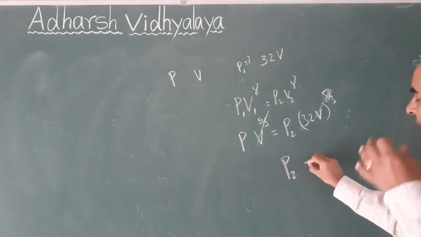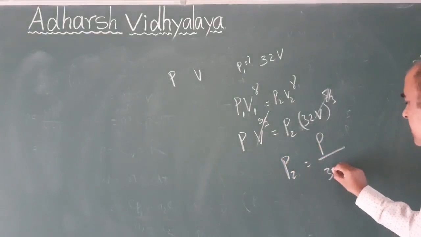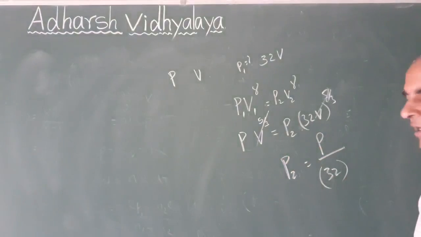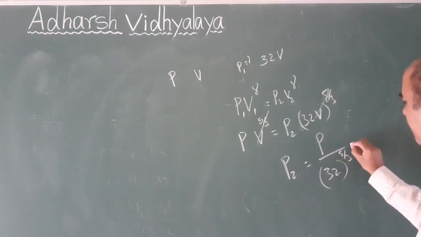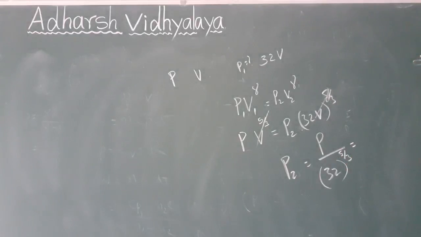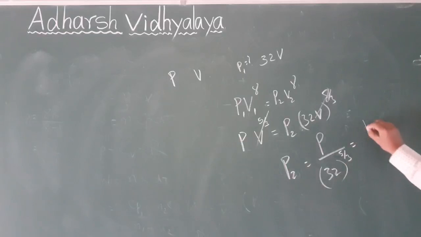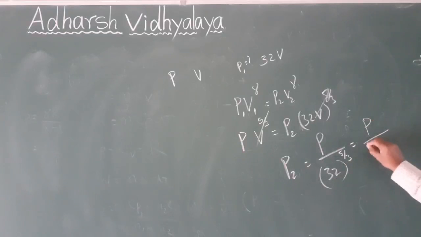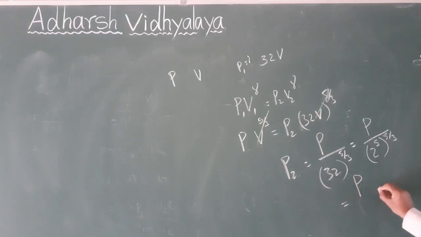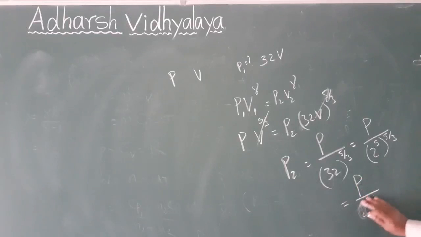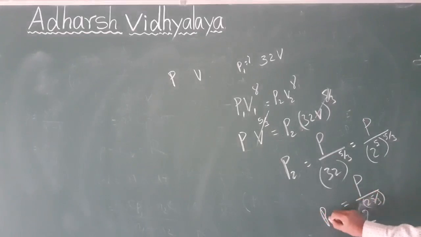Therefore final pressure is equal to initial pressure by 32 whole power 5 by 3. 32 you can write as 2 power 5, so P by 2 power 5 whole power 5 by 3. The 5s do not cancel, so we write P by 2 power 25 by 3. So this is the final pressure.